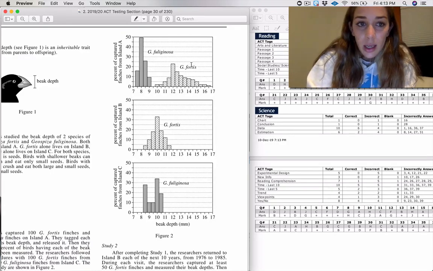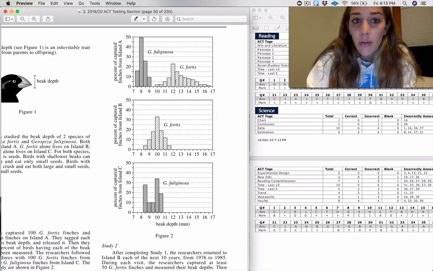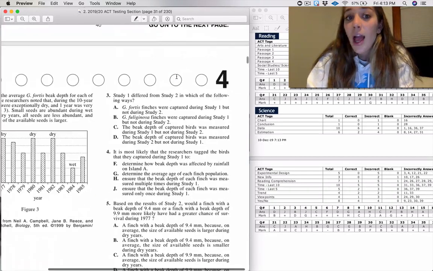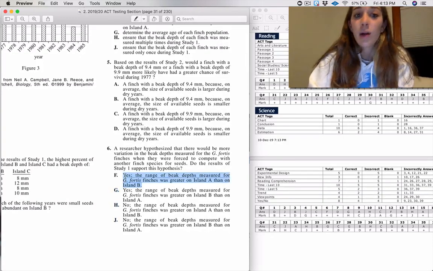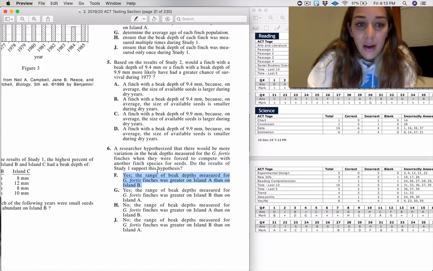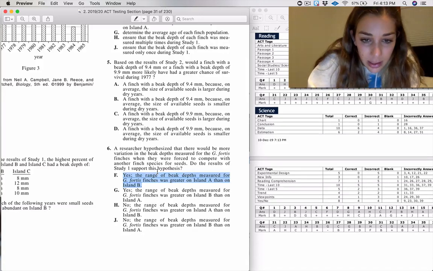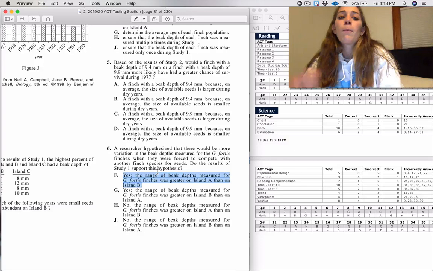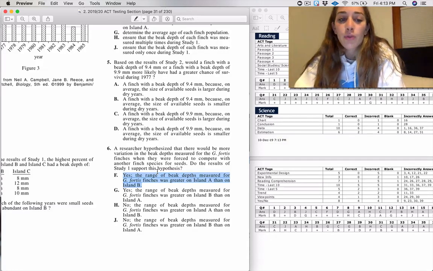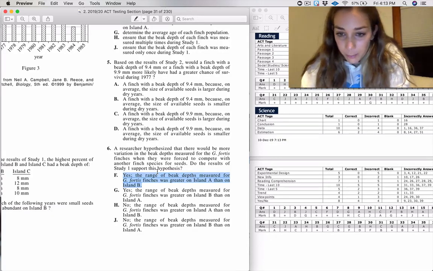Clearly, it's island A because I see another bird. I see G. fuliginosa. I see these 2 competing. And was it true that when they were competing, there was a greater range? Yes, it was. A had a greater range. And therefore, the answer to this is yes. And we know that the explanation is because the range measured on island A was greater than island B.